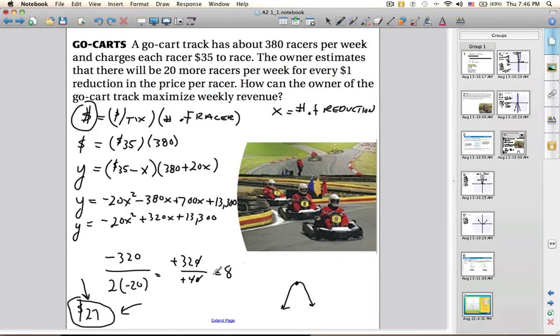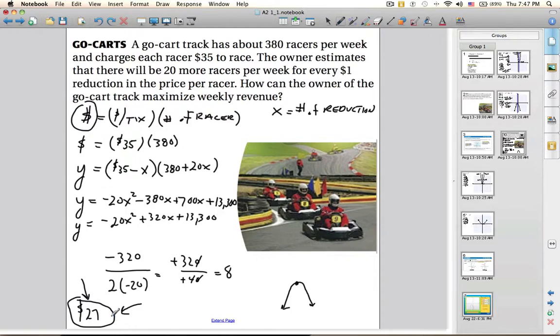But you'll notice that my answer here is 8. 8 is not an answer to the question of how the owner of the go-kart track maximizes weekly revenue. What it is the answer to is how many price reductions do I need? So the answer is, how does he maximize weekly revenue? By reducing his price to $27.